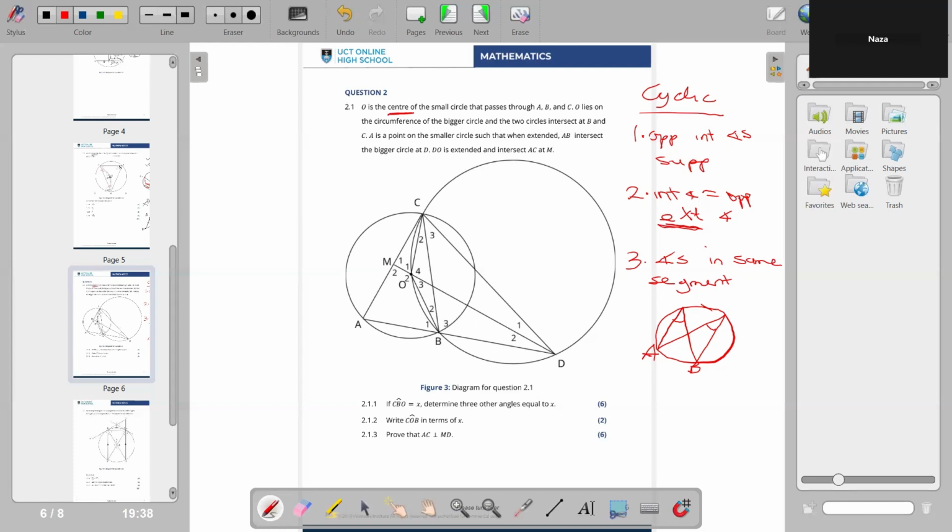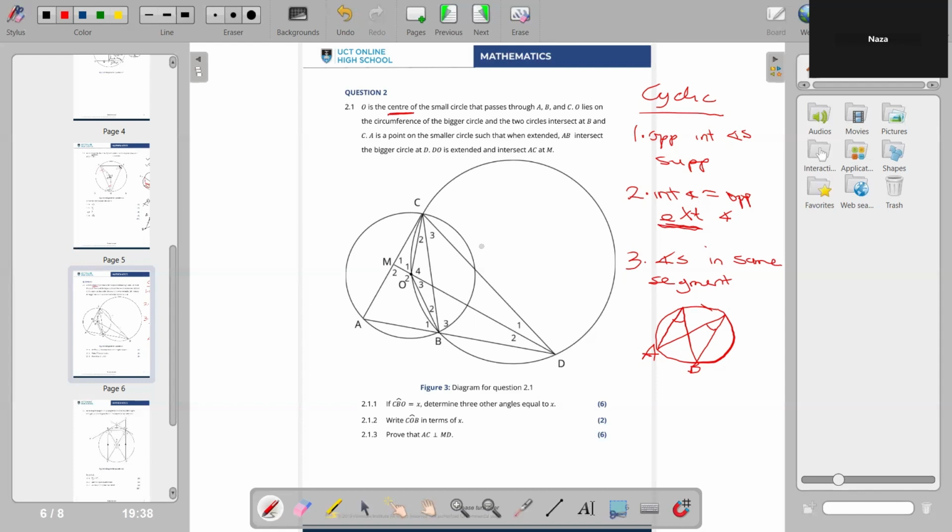Can we please start with the bigger circle? In the bigger circle, there are angles in the same segment. Can you please name them for me?